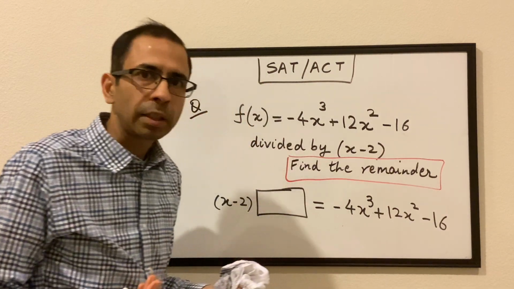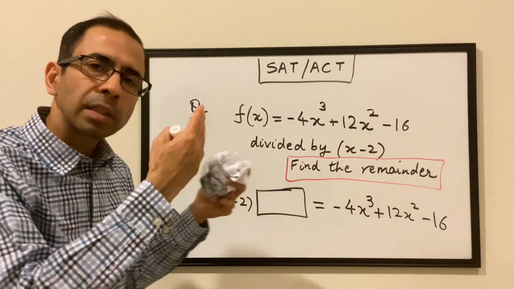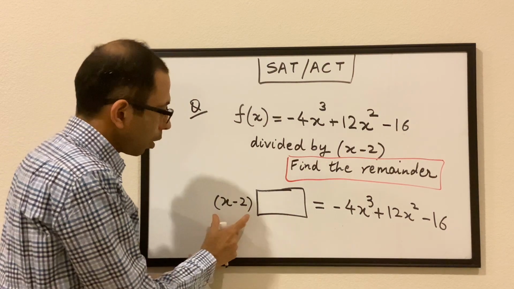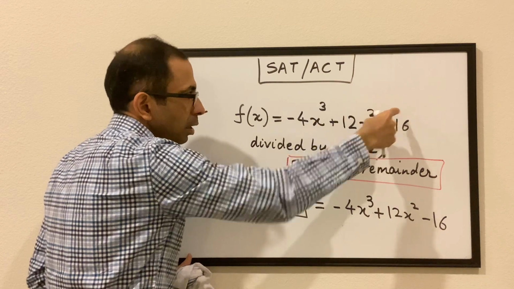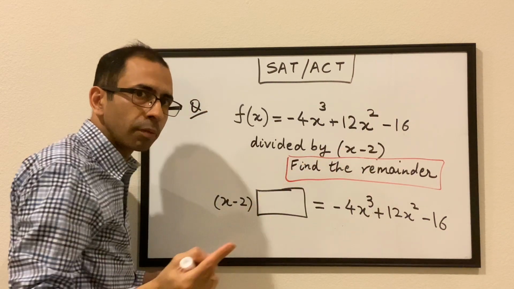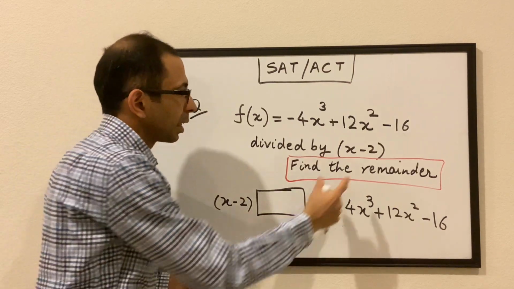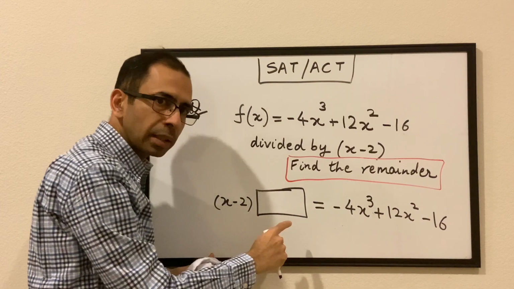That's the meaning of factor. If we say that 8 and 4 are factors of 32, it means that 8 times 4 is equal to 32. So if we get the remainder 0 when this function is divided by x minus 2, or in other words x minus 2 is a factor of this function, we can write this.